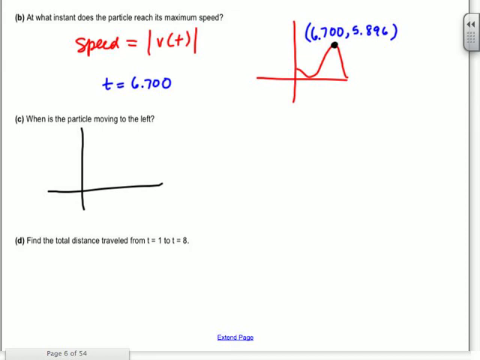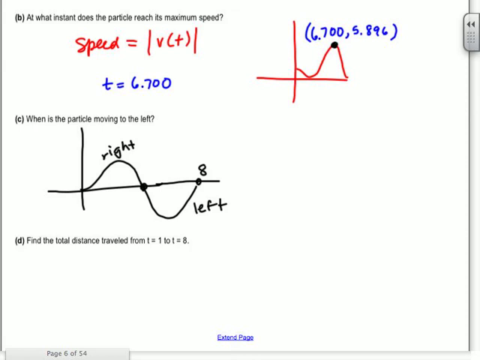And when you see this, now it looks like that part that was originally up higher is now down below. Okay. Positive is right. Negative is left. So it's between here and 8.